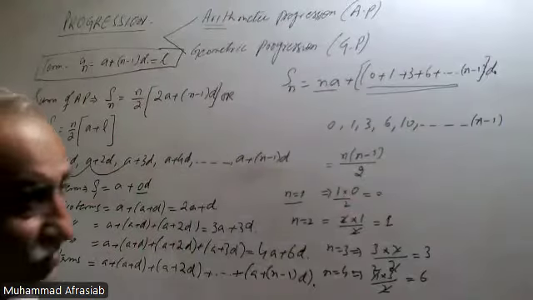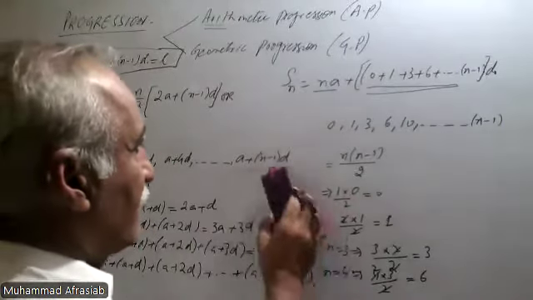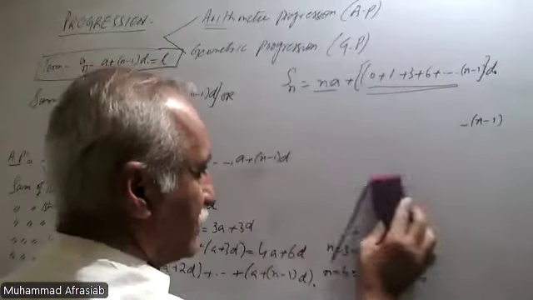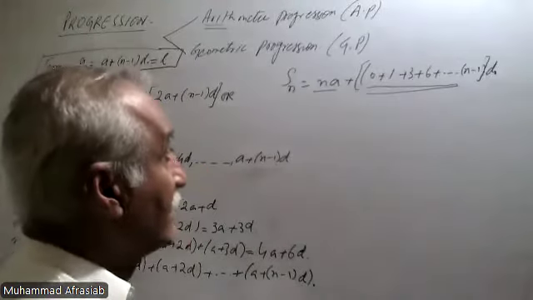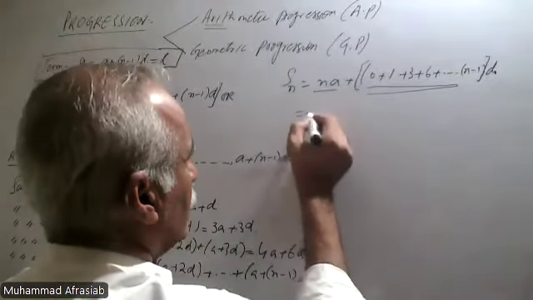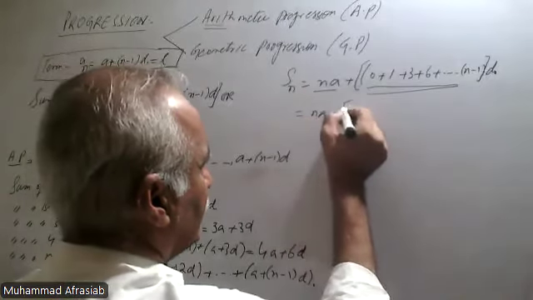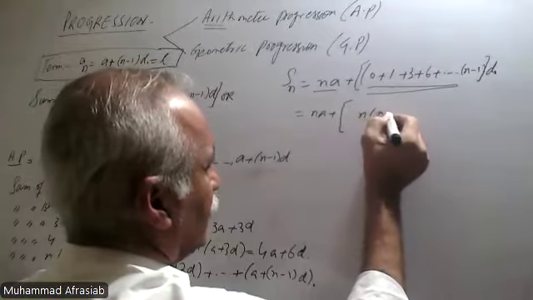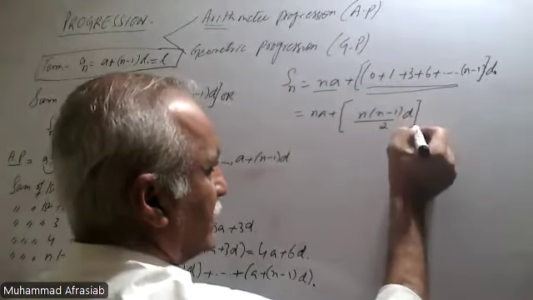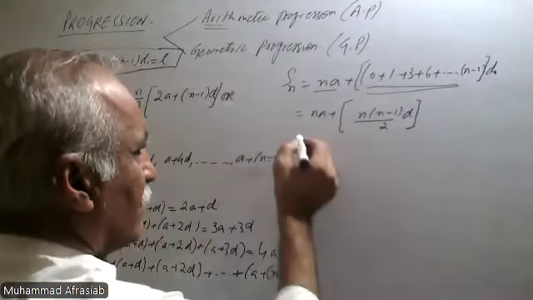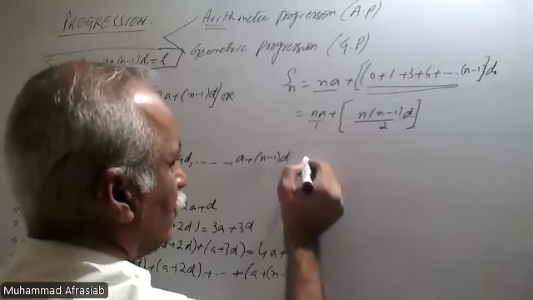So we can simply write this with this formula: Sn is equal to na plus n into (n minus 1) over 2 into the common difference d. Now here 2 is common.